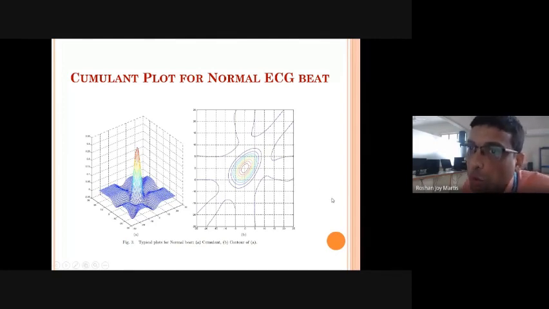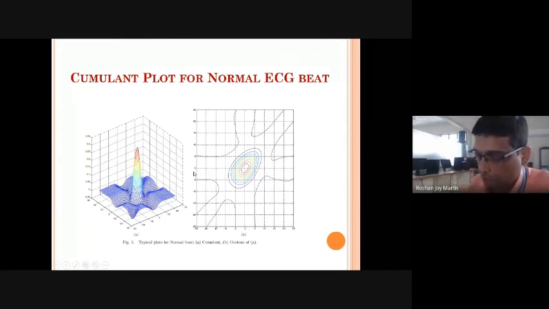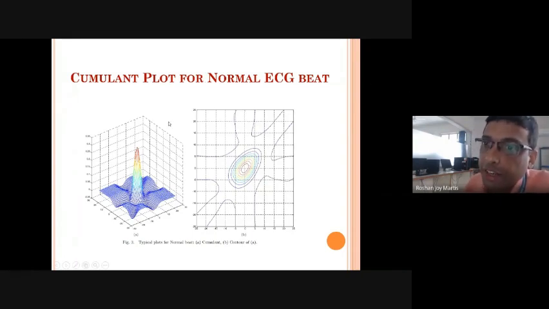This is called a contour plot. At a given point, we are taking a slice on this first curve so that we get the second curve. So from this, if I see the normal ECG beat, one cycle, I can find some information. But here I can find it's a beautiful representation. I will explain further how it changes to the abnormal.